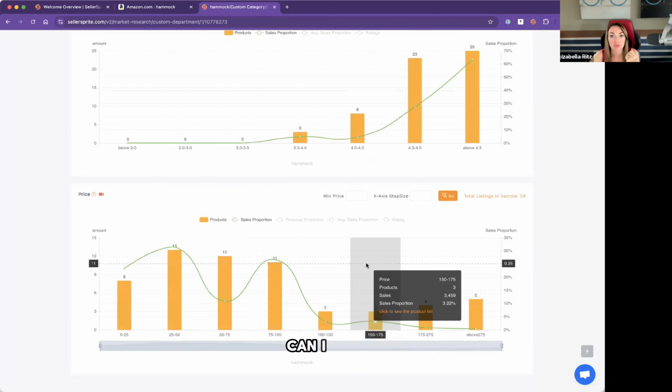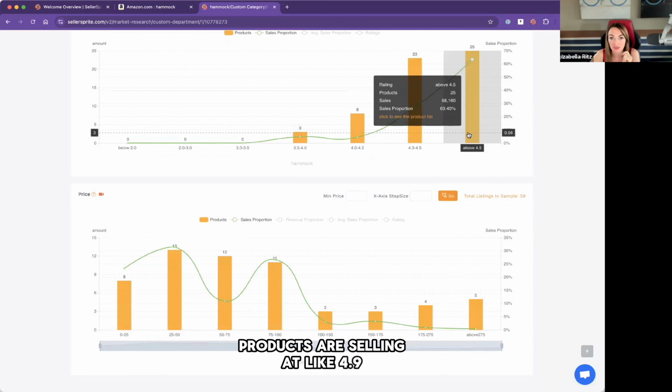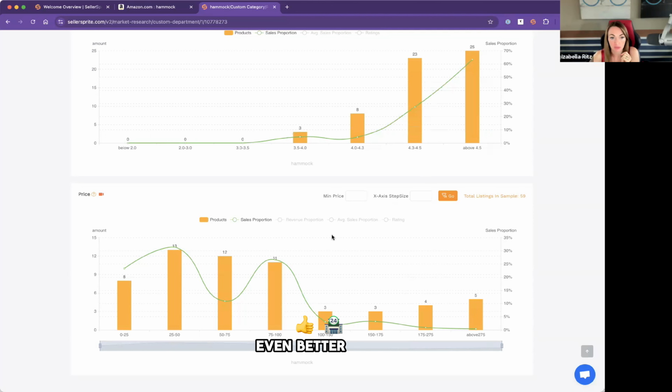Because this is where you ask, can I make a product that will be better than my competitors already? But if most of your competitors are selling at 4.9 and up, you really have to look into the customer insights to understand if you can make it even better than what the market already has.